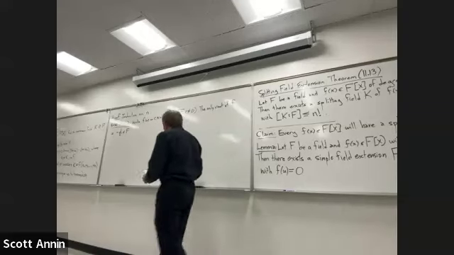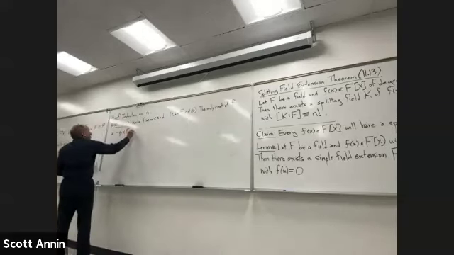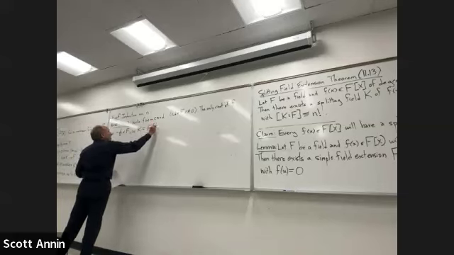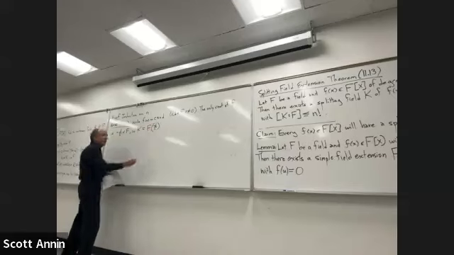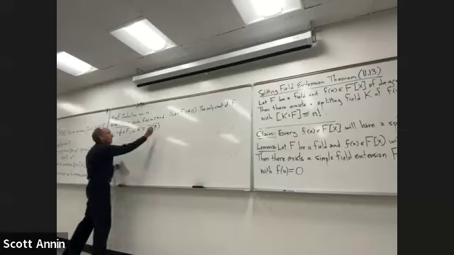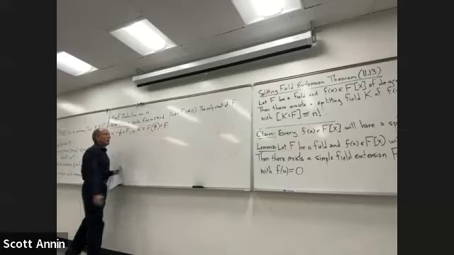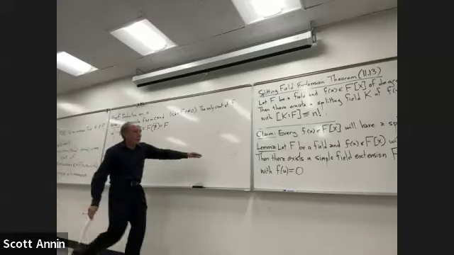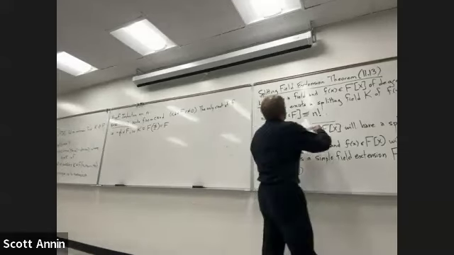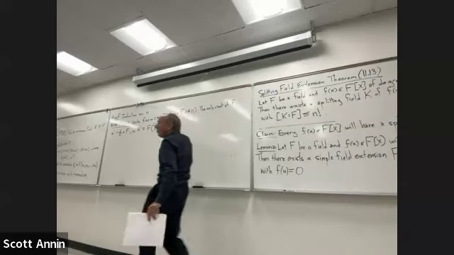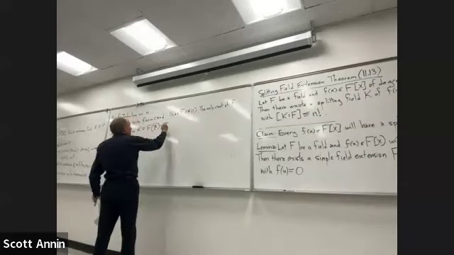And so what is our splitting field? We take F and we adjoin negative d over c to it. But since negative d over c is already in F, that is just F. So there's your splitting field. What are we trying to prove? There exists a splitting field K. Here it is, it's just the base field itself.